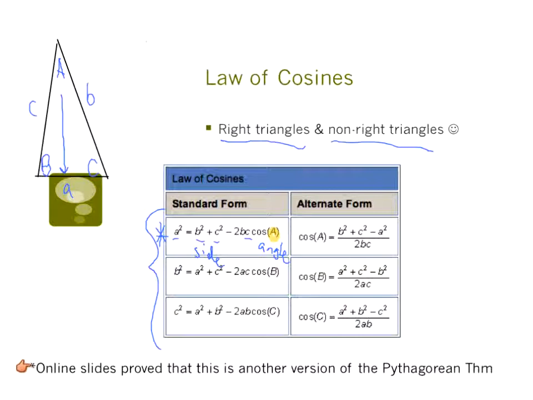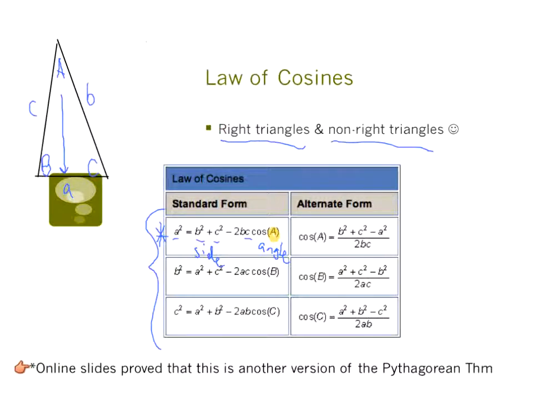Now the online slides for 5.1, they really do a good job of proving to you that this is just another version of the Pythagorean theorem. Kind of cool. So Pythagorean theorem is always true when you have a right triangle.